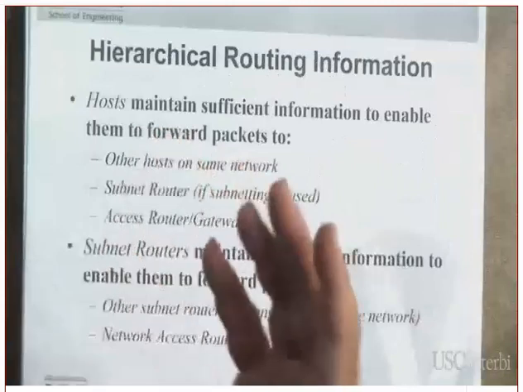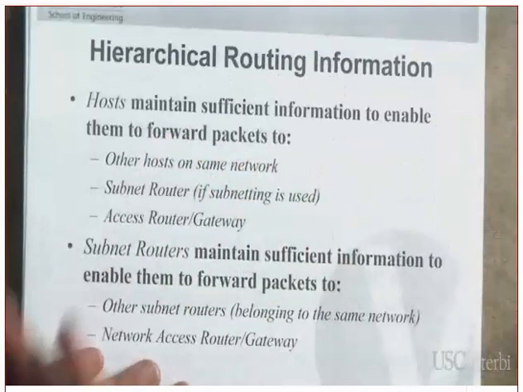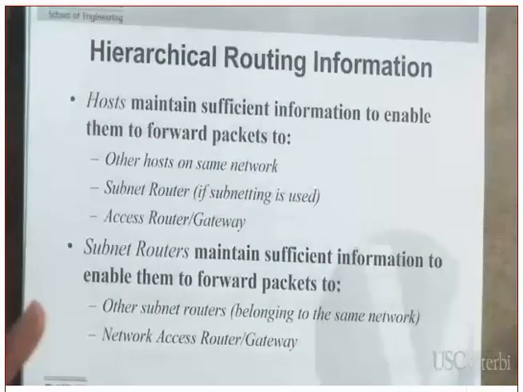Within it, we have two dominating routing algorithms: distance vector routing, which stands for routing information protocol, and OSPF, which stands for Open Shortest Path First. Now I'm going to review this today very quickly.